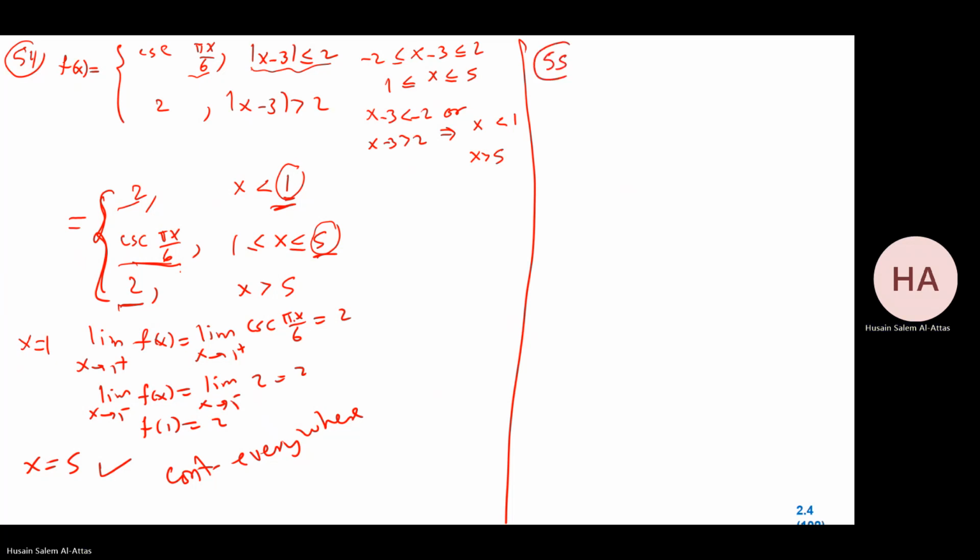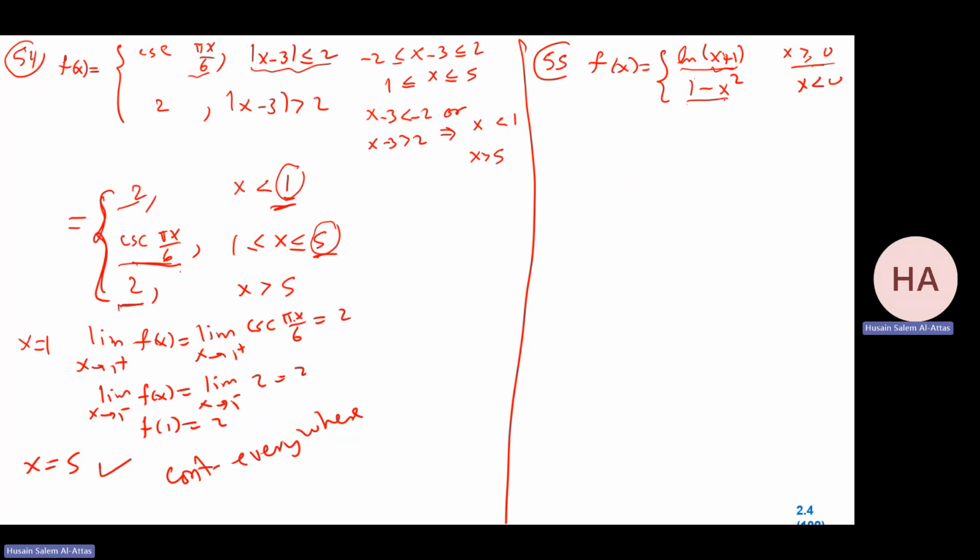55. We have the function, which is ln x plus 1 if x is greater than or equal to 0, and 1 minus x squared if x is negative. This is continuous, it's defined everywhere since the argument is always non-negative, or always positive, I mean.